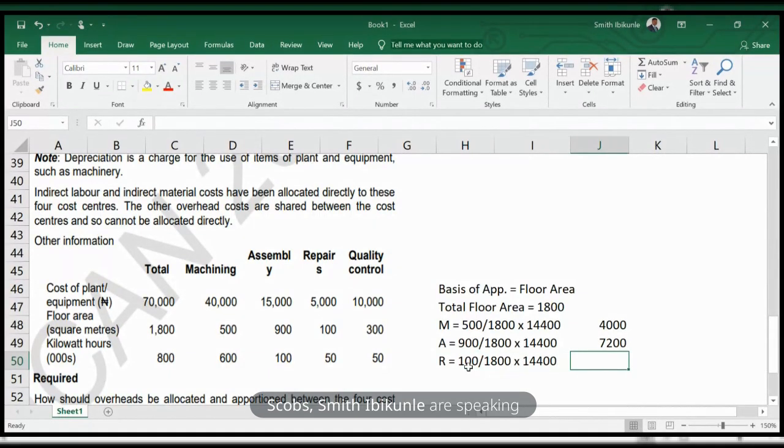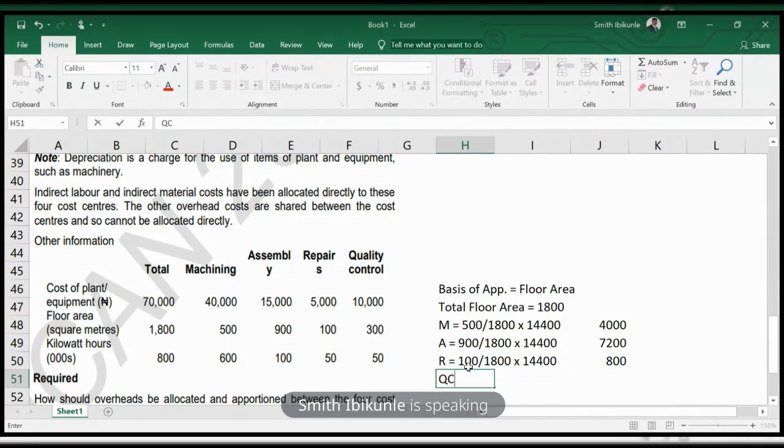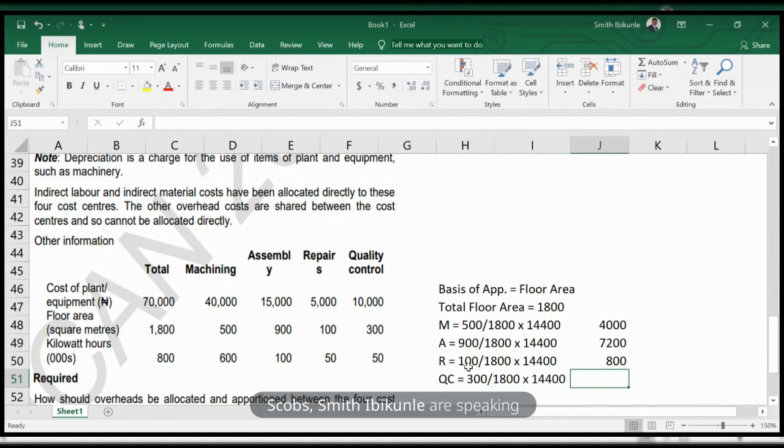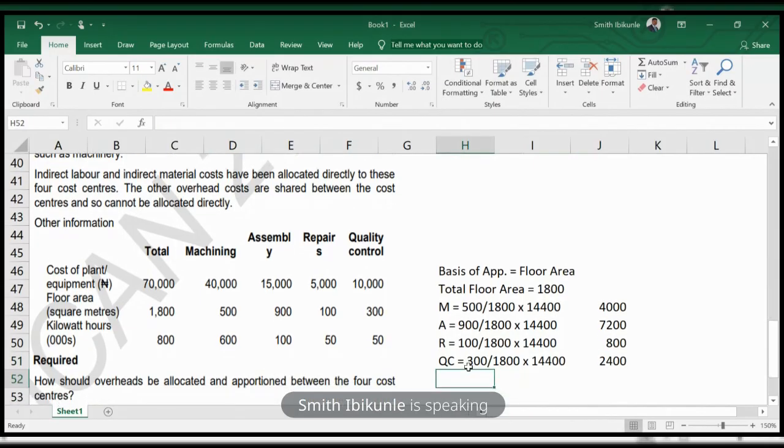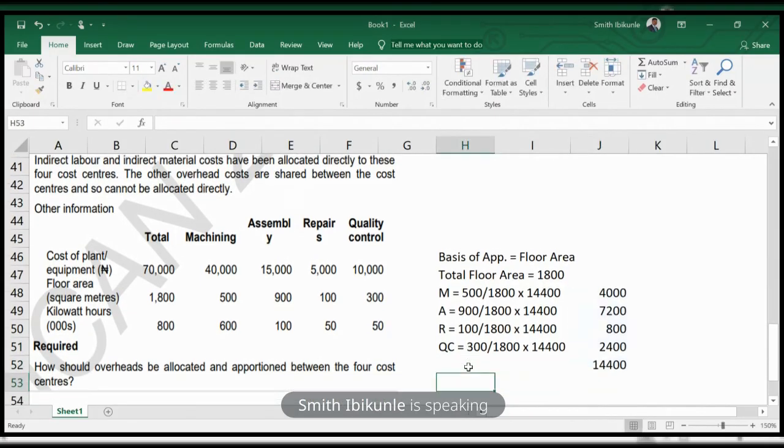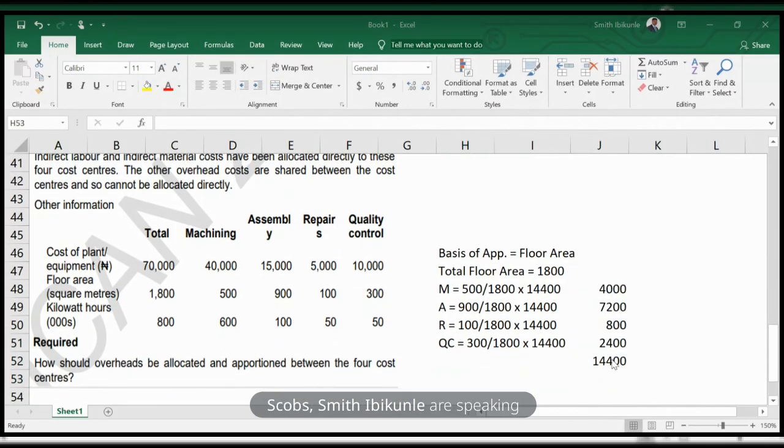So just 800. Then QC, quality control, is 300 divided by 1,800 multiplied by 14,400. This gives us 2,400. So if you add everything here, it must give you 14,400.